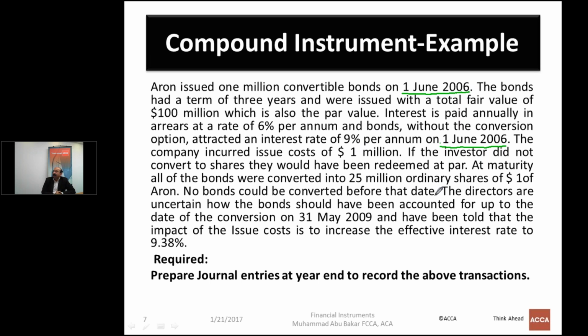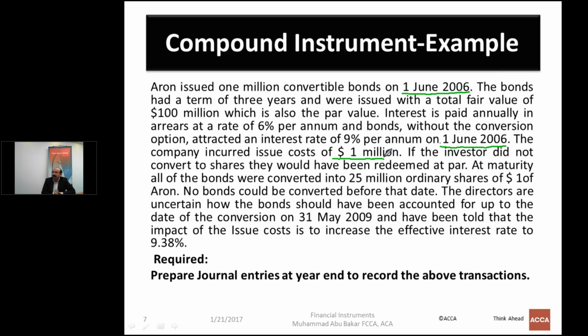The company incurred issue cost of 1 million. If the investor did not convert to shares, they would have been redeemed at par. At maturity, all of the bonds were converted into 25 million ordinary shares of $1 of Aaron. No bonds could be converted before that date.